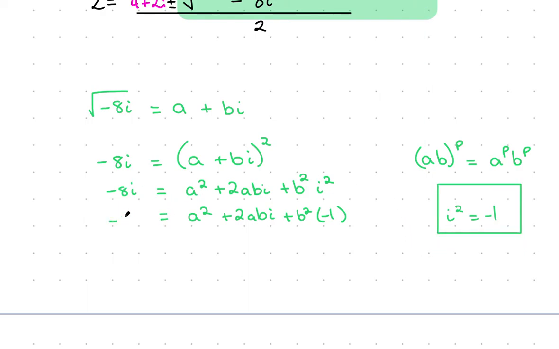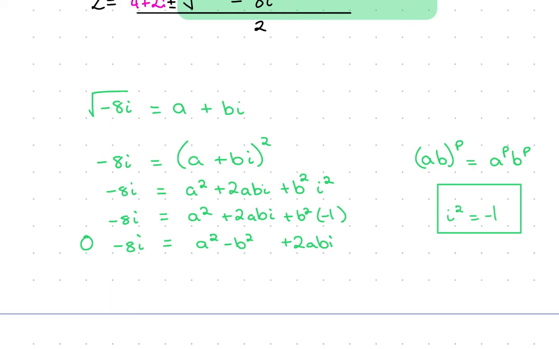And then we're going to say that's equal to minus 8i. Tidying it up even more, I can actually say A squared minus B squared, putting my real terms together and my imaginary terms together there, and I'm going to get minus 8i. So I don't actually have a real number on this side. I could put in a 0 there saying that there's no real number. 0 is just a placeholder, and we can use that to our advantage here.